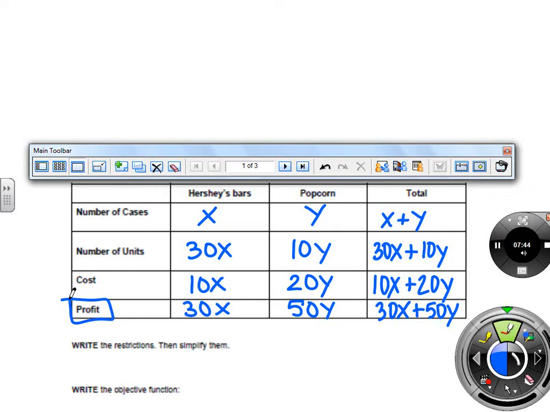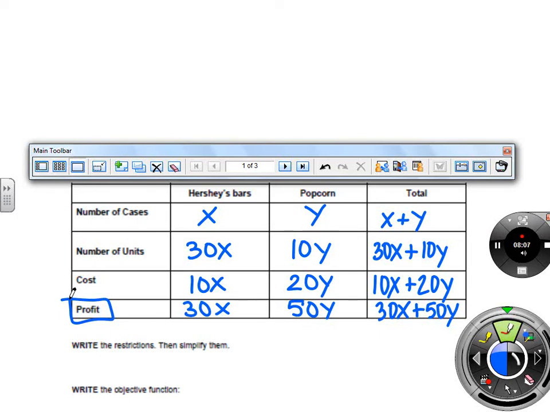Now, did they give our constraints, like some of these overlap? Do we want to use number of cases or number of units for our constraint? So if you look back at the problem, when they put a limit on how much you could order, did they put the limit on the number of units or the number of cases that you could order? The number of units, okay? And what was the limitation?